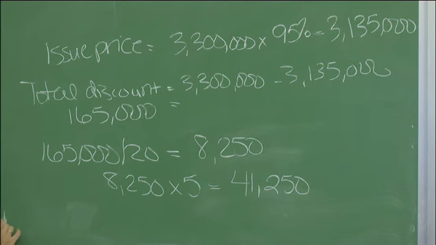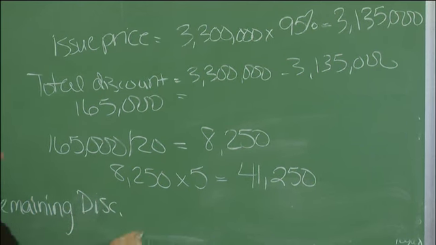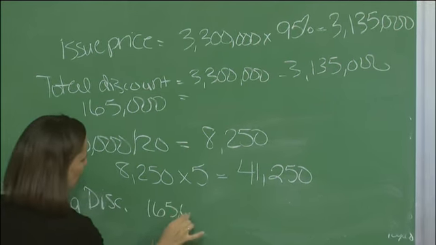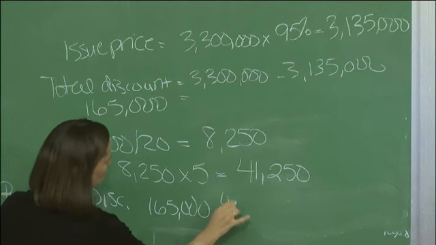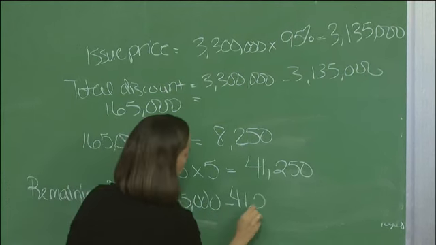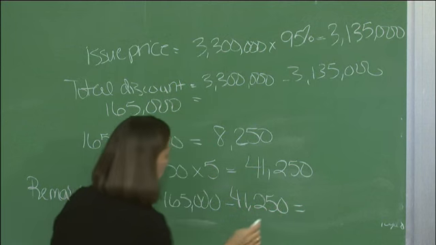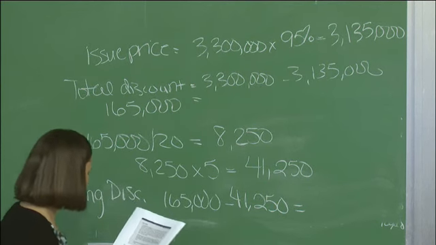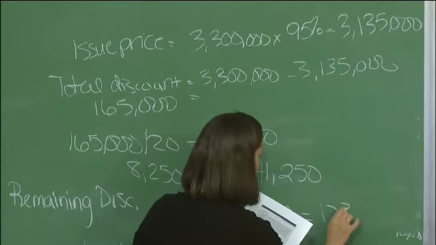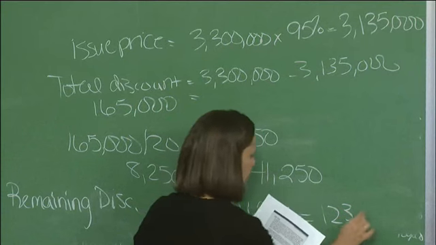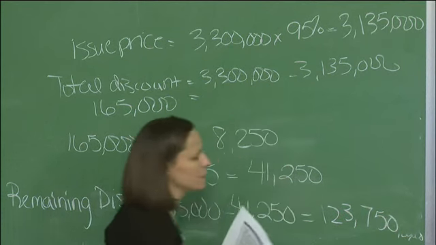So what is the remaining discount? Well, we started with $165,000. This company will have amortized $41,250. So the remaining or unamortized discount is $123,750.